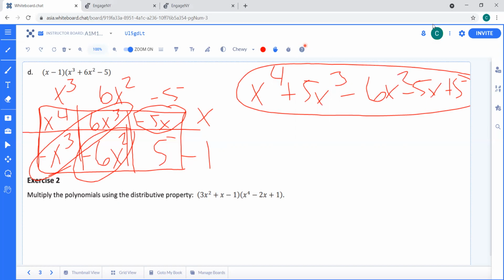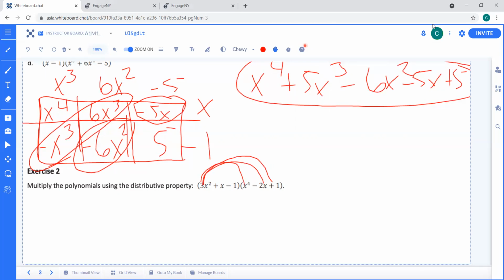Now multiply the polynomials using distributive property. So we have to do each one by each term. So 3x squared times x to the fourth is 3x to the sixth. 3x squared times negative 2x is negative 6x cubed. 3x squared times 1 is plus 3x squared.